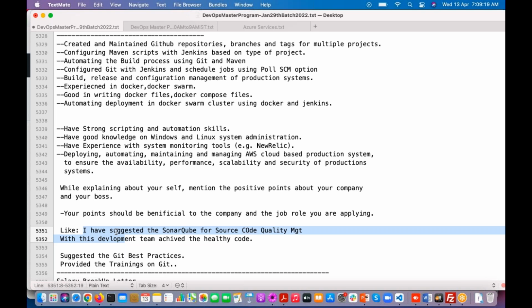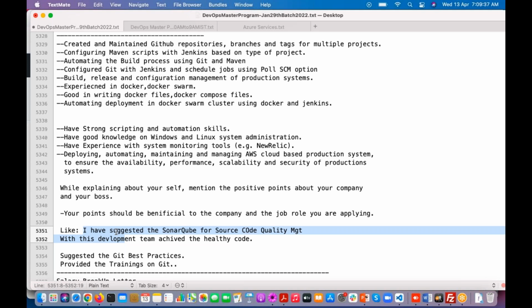So I suggested this tool and proposed it to my development lead. They accepted, and now they are following all the standards. You can tell them like that.